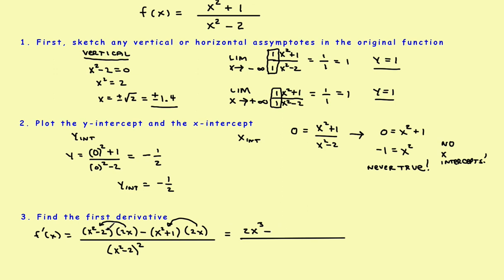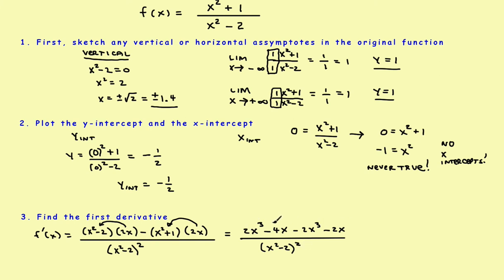Then minus this times this would be minus 4x. Then on this one, when you distribute this times this would be 2x cubed, but it's going to be negative. So minus 2x cubed. And finally, 2x times 1 would be 2x, but it's going to be negative, so minus 2x. All divided by (x squared minus 2) squared.